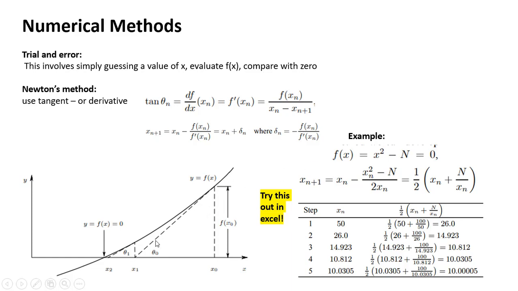That tangent is not going to overshoot where the line goes through 0. So it's always going to be over here to the right if you have this kind of concave thing going on.